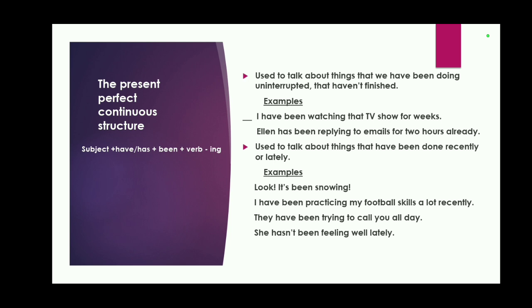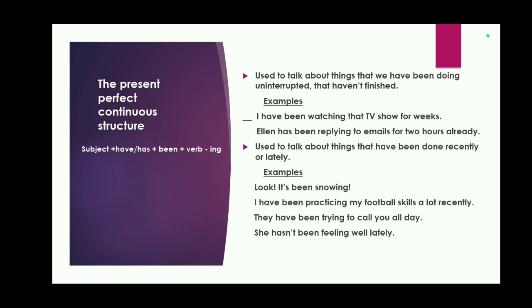We use it to talk about things that have been done recently or lately. For example, look, it has been snowing, or I have been practicing my football skills a lot recently. Remember, we generally don't use the present perfect continuous to talk about states.